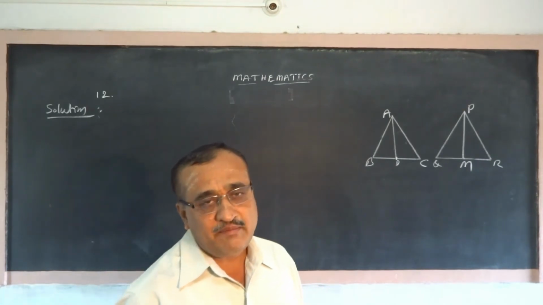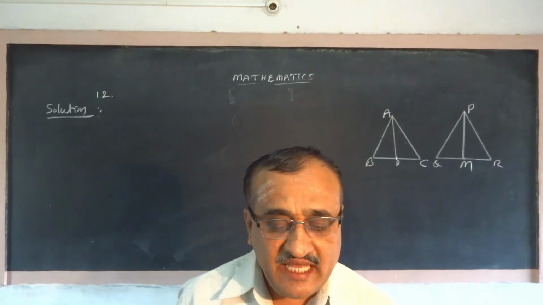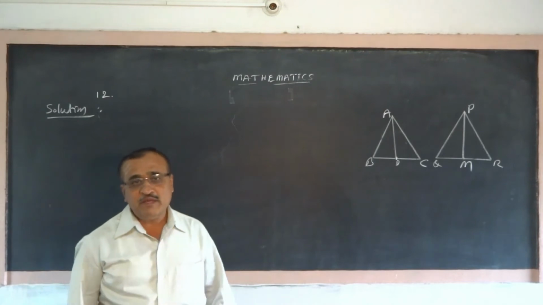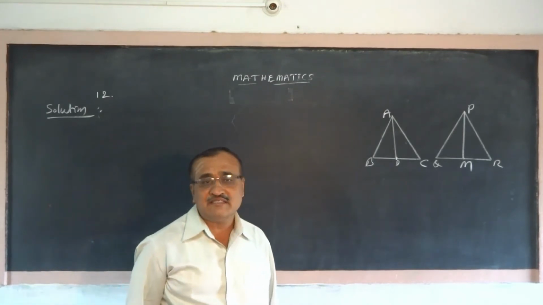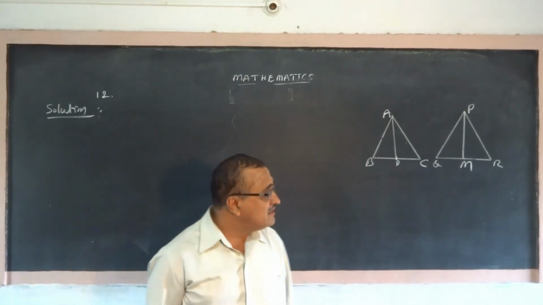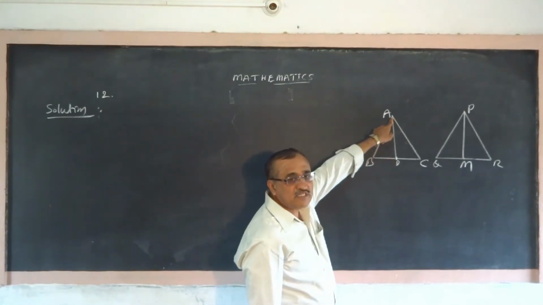There is a triangle ABC in which there is a median. AD is the median. What do you mean by the median of a triangle? The median of a triangle is a line segment which joins the midpoint of a side of a triangle to its opposite vertex.